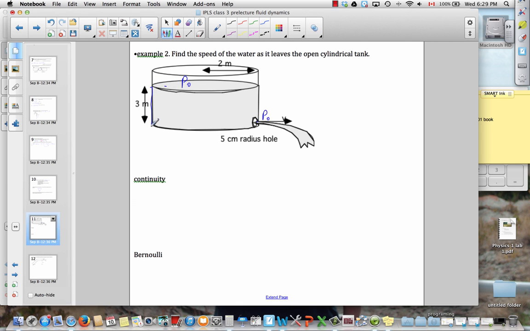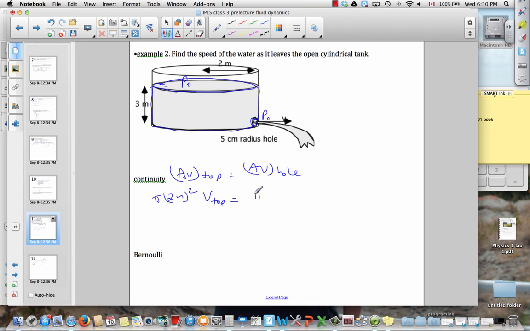Well, we see that in terms of the flow here, it's kind of deformed, but there's a really large cross-sectional area here, because it's a huge tank, and a relatively small cross-sectional area here. So it's going to be A times v at the top equals A times v at the hole. And the top is pi times 2 meters squared times the speed at the top.